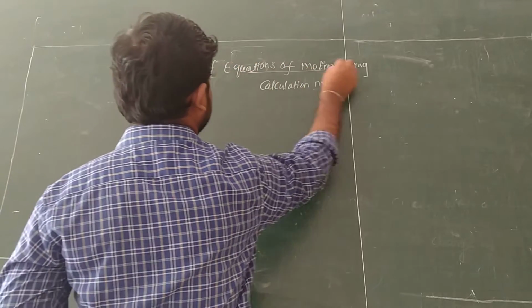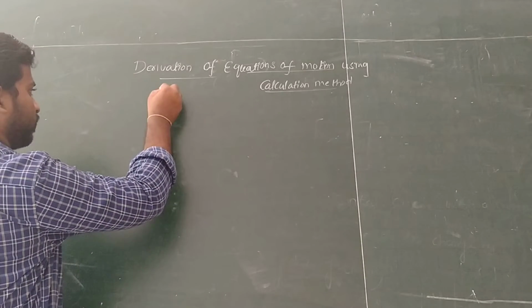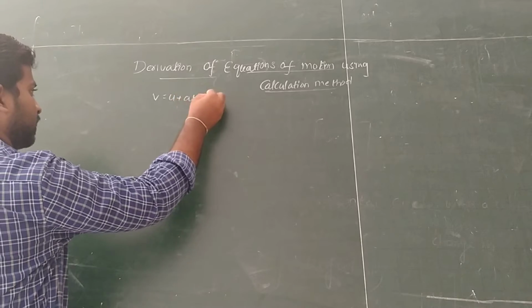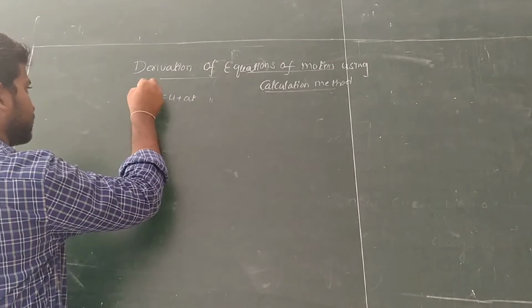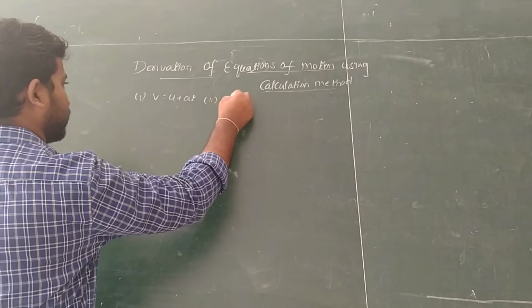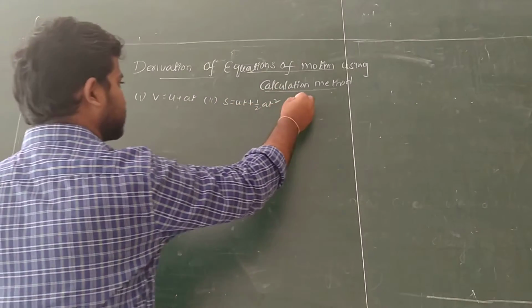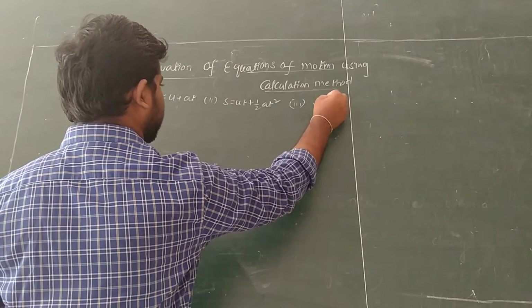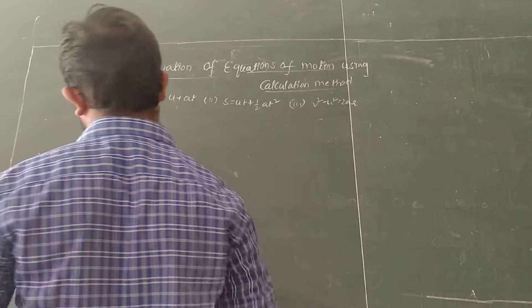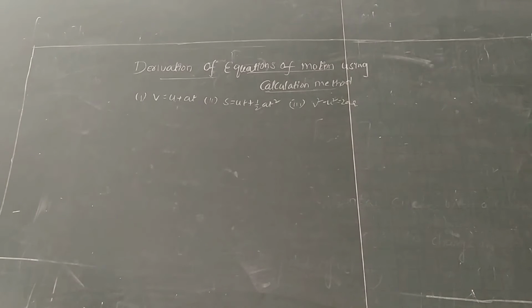Here we will not derive the fourth equation of motion using the calculation method. We can derive only three equations of motion. That is, we know v equal to u plus at, and the second one is s equal to ut plus half at square, and the third one is v square minus u square equal to 2as. Just we can write that side heading first.